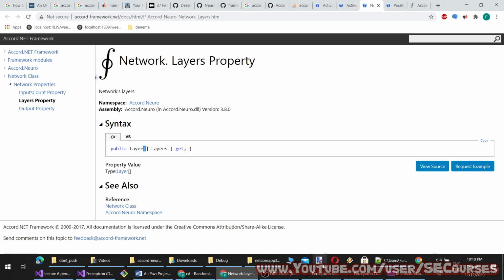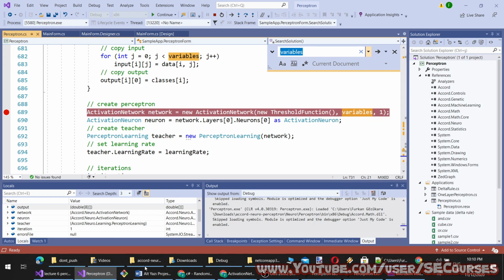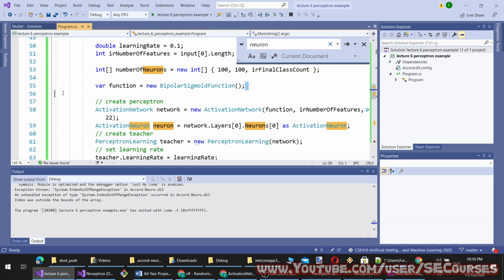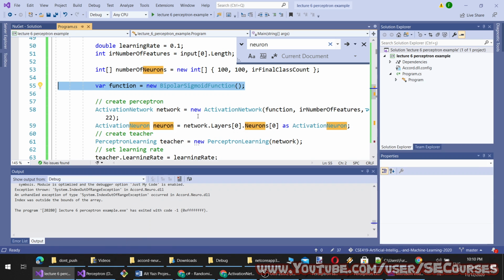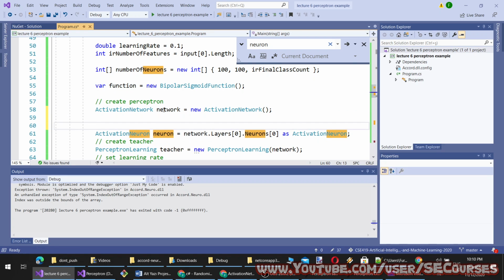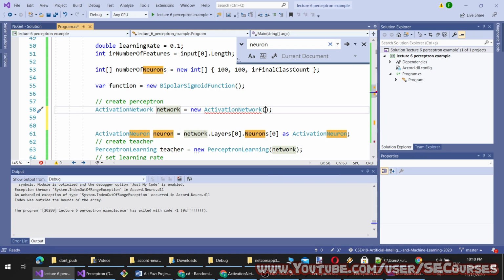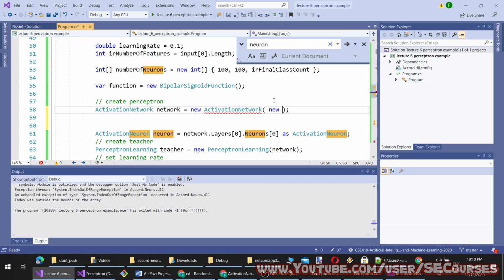Layers is an array of layers. Okay, function.